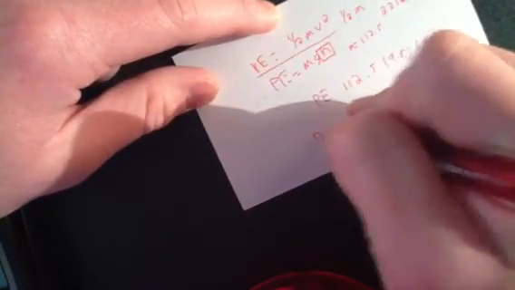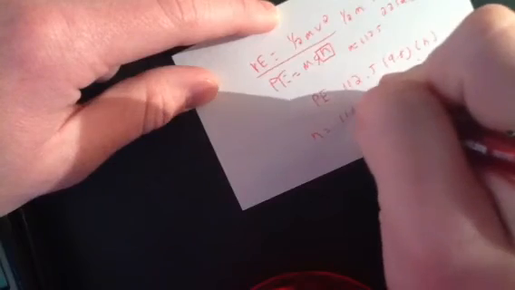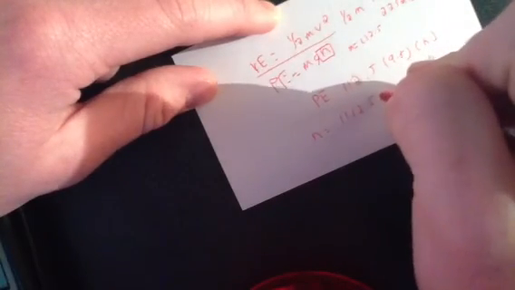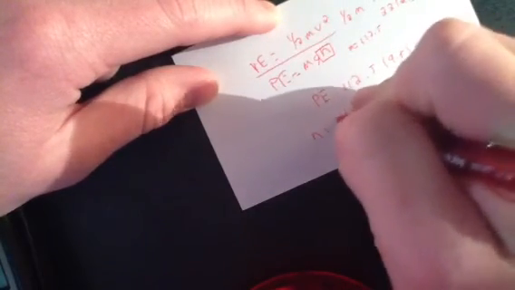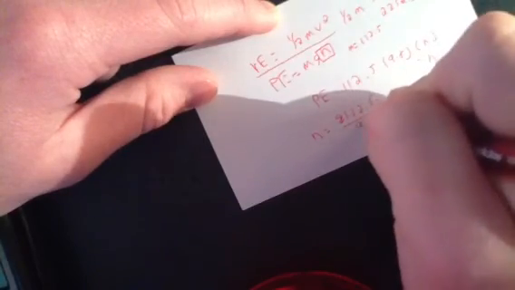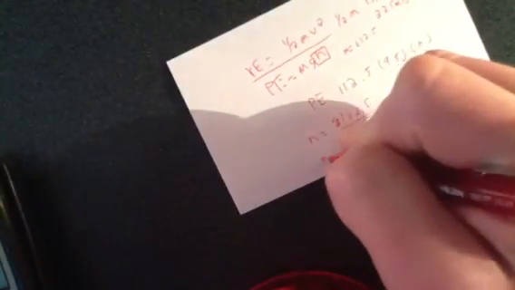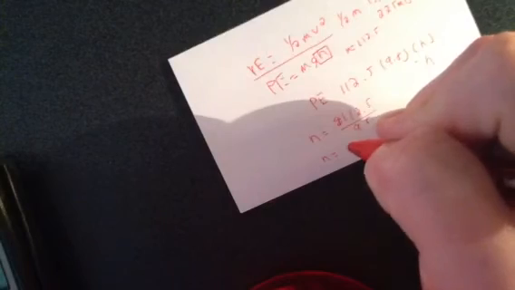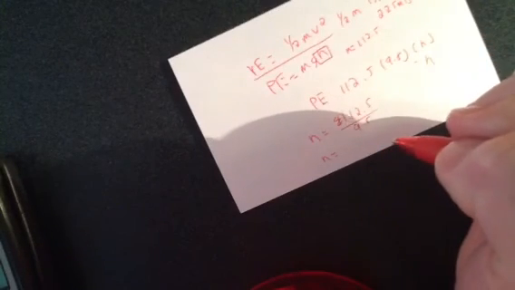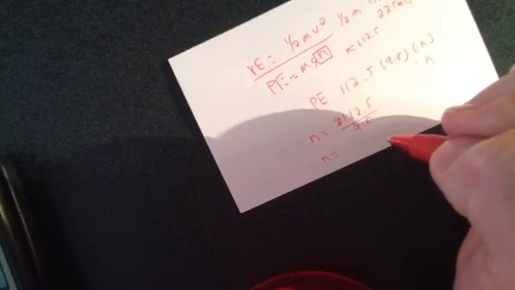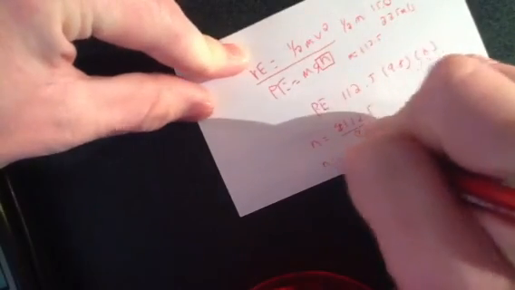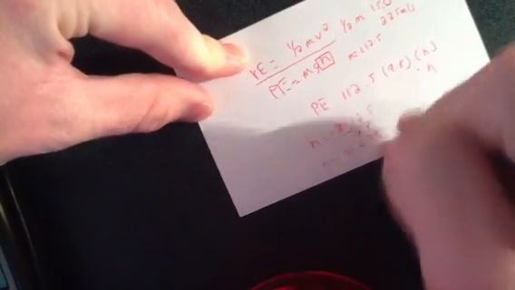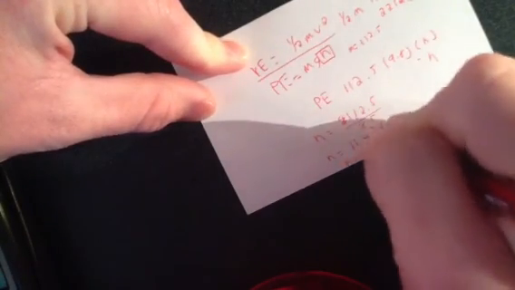So you have h equals 112.5 divided by 9.8, which would give you a height of 11.479, which rounded up equals 11.5, which gives you your answer of D.